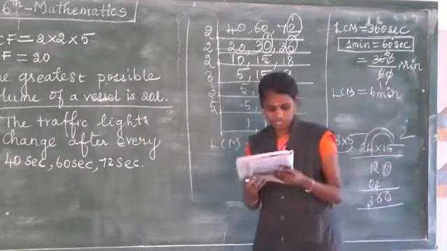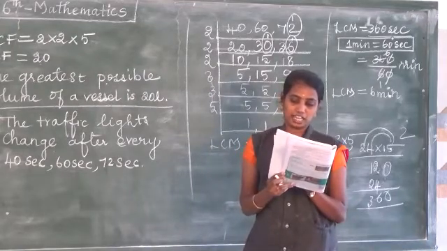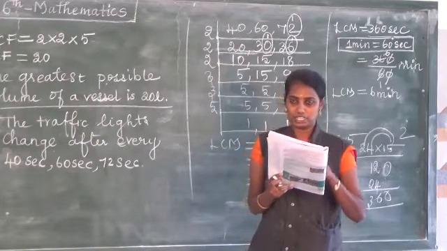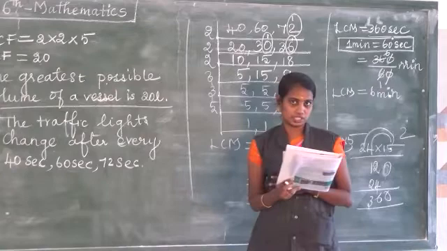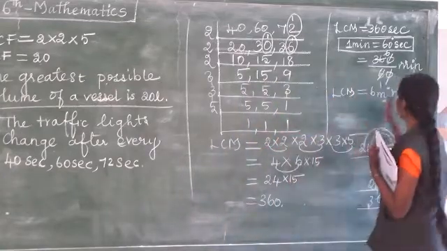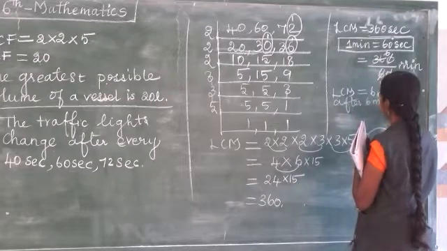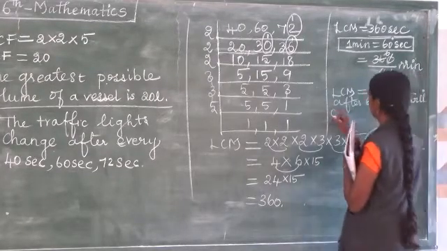Go to the question once again. Look at the book. If they change simultaneously together at 8 a.m. at the junction. Okay, they changed at 8 a.m. Next, what time will they change? After 6 minutes it will change.